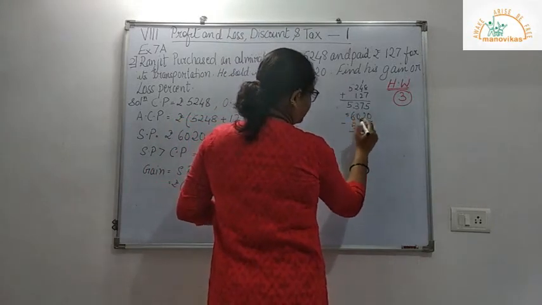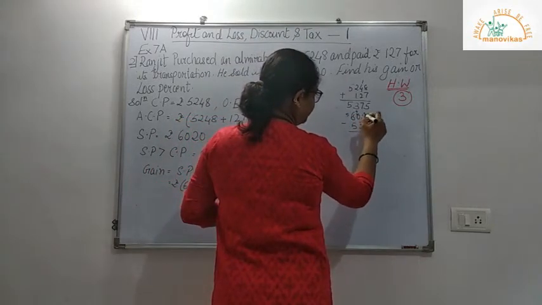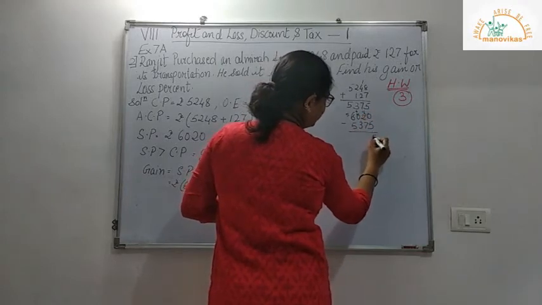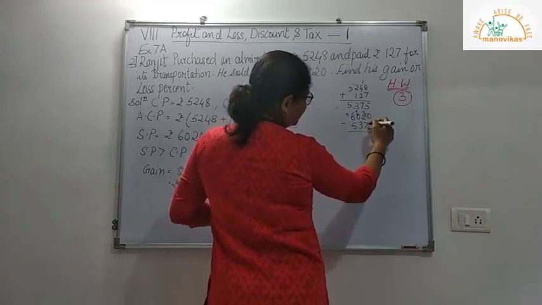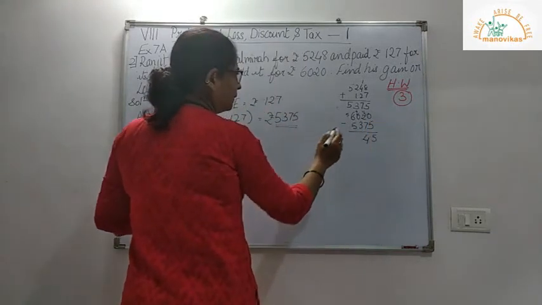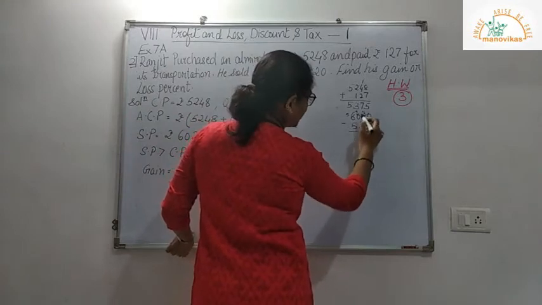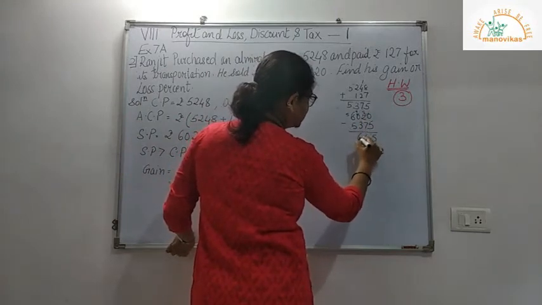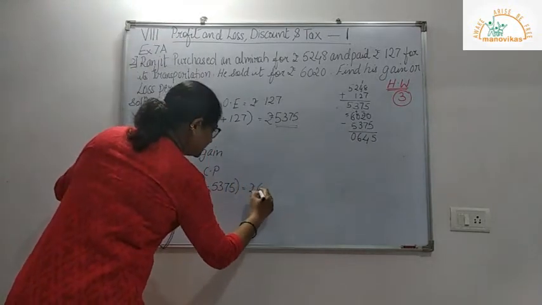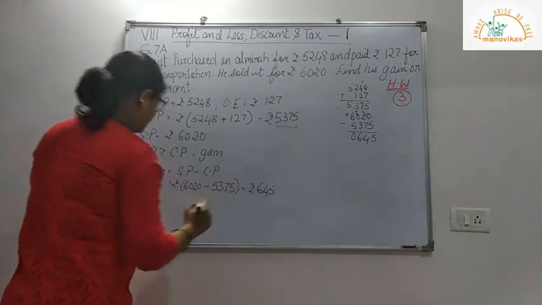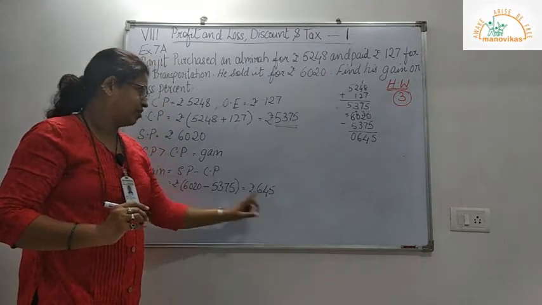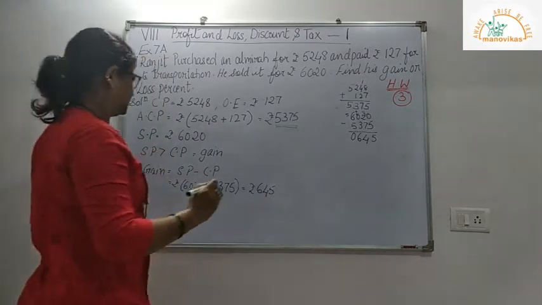So I carry the number here, 9, 1, then 11. 10 minus 5 will give you 5. 11 minus 7 will give you 4. 9 minus 3 gives you 6, and this comes to 0. So I get 645. I have got my gain as rupees 645.